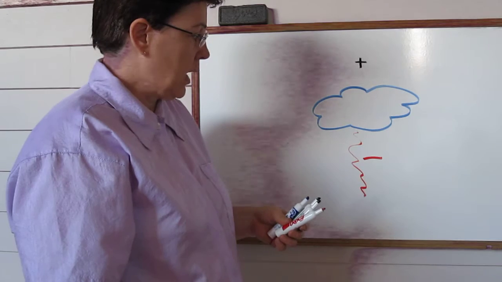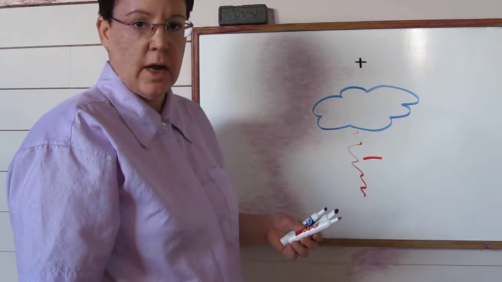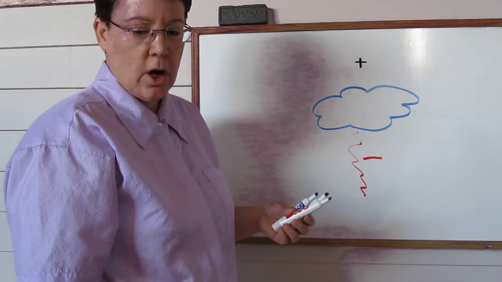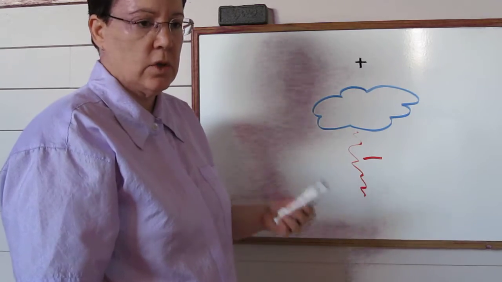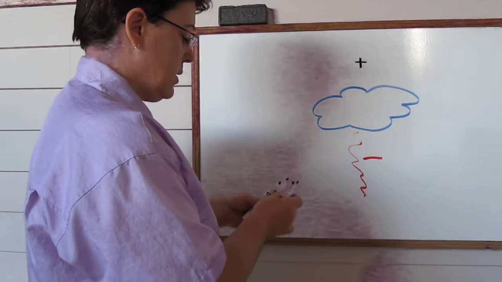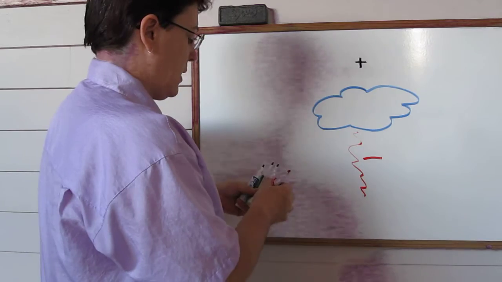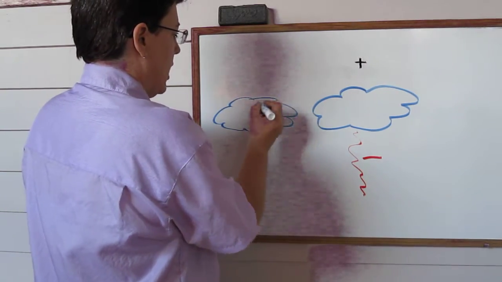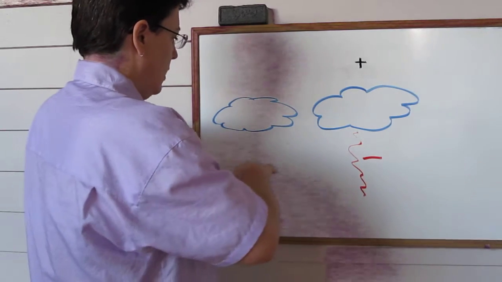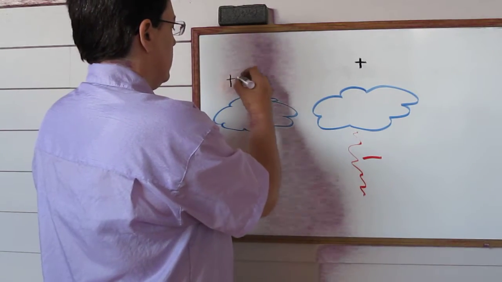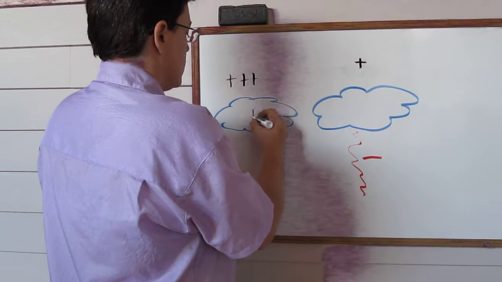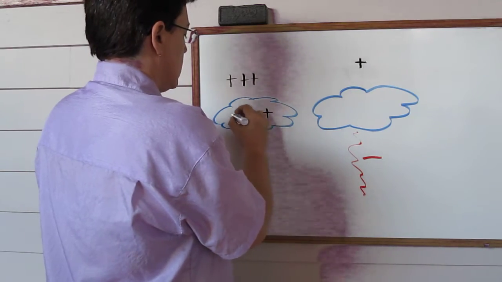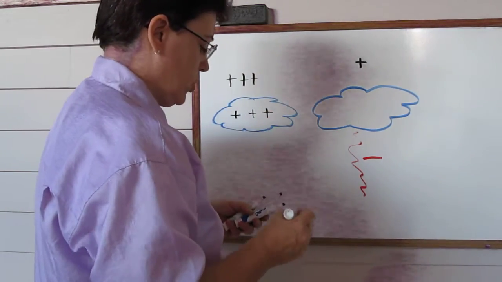Next, what you want to look at is the consideration of regional charges. These systems meet each other and interact with each other. So over here, we might have one that comes from a city, and it's got a lot of pollution in it, so it brings with it most of the time a lot of positive charge.